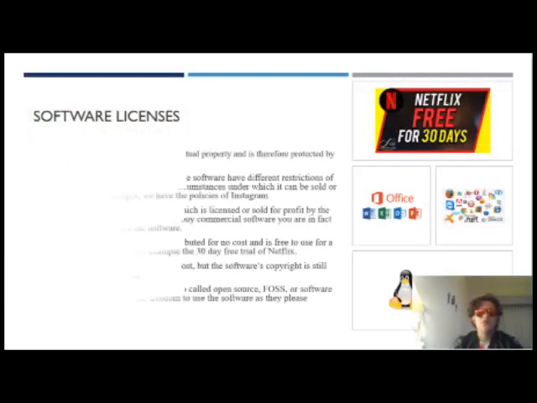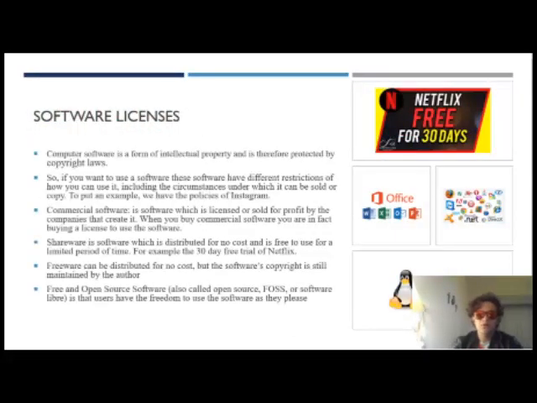We have software licenses. Every software is valuable and has intellectual property, and therefore is protected by copyright laws. So if you want to use a software, it has different restrictions on how you can use it. For example, when you get into Instagram, you first have to accept their policies in order to use the application.